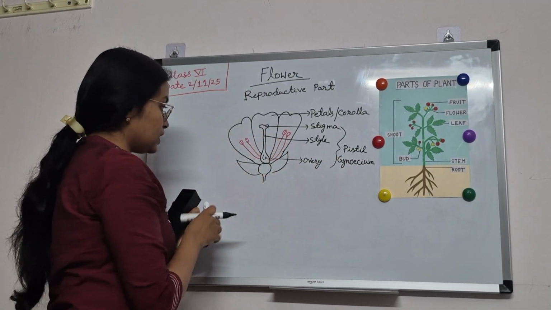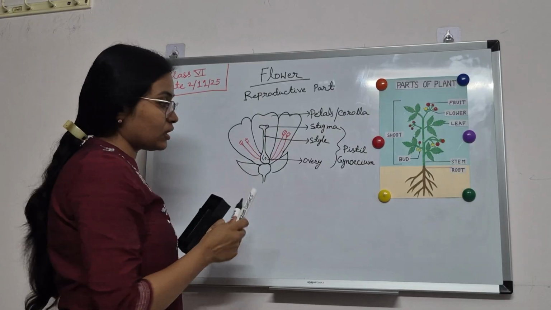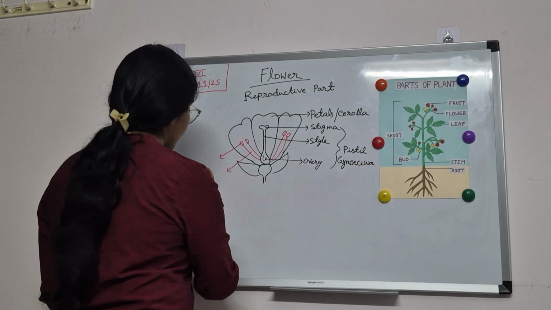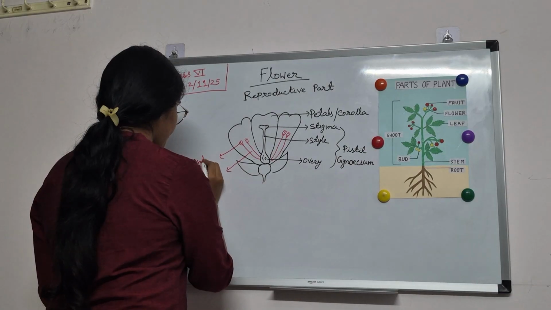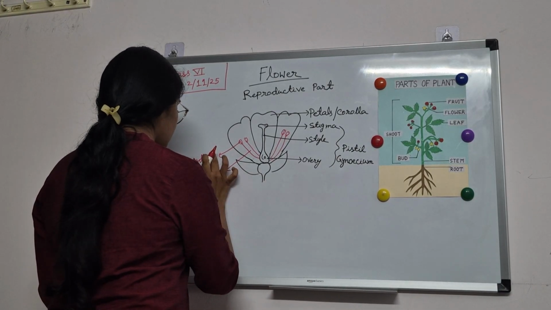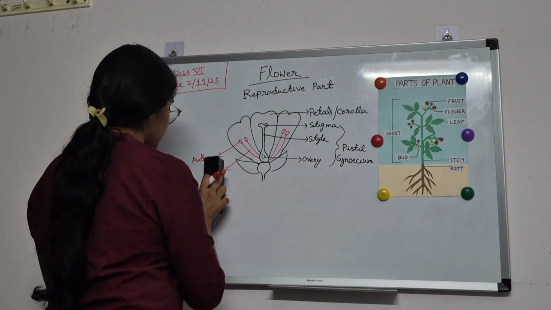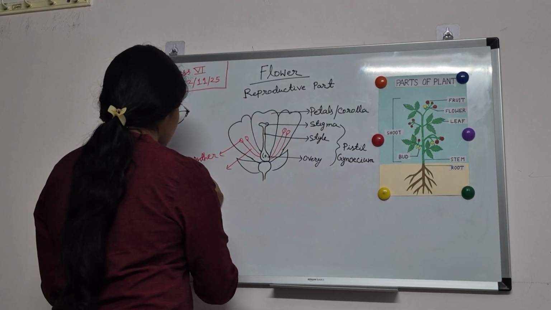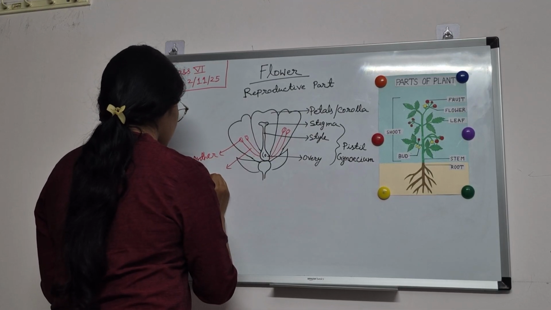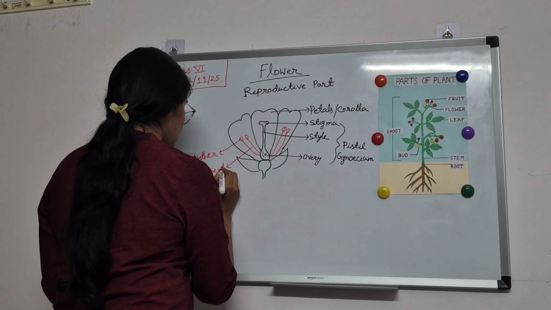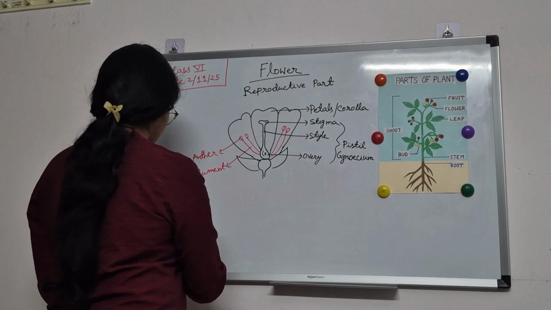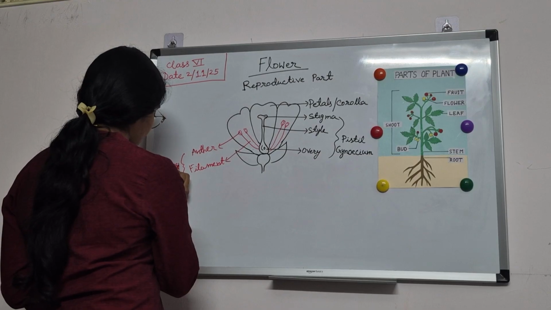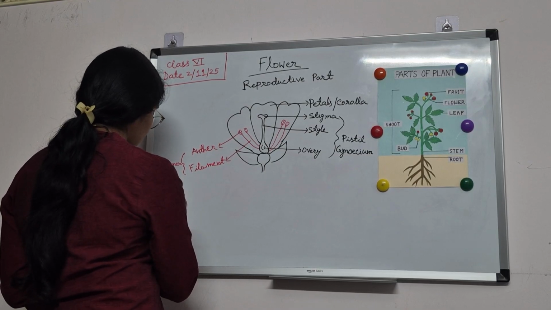And the red color, it is the male reproductive part. Okay, it is the anther and it is the filament. The stamen or androecium.